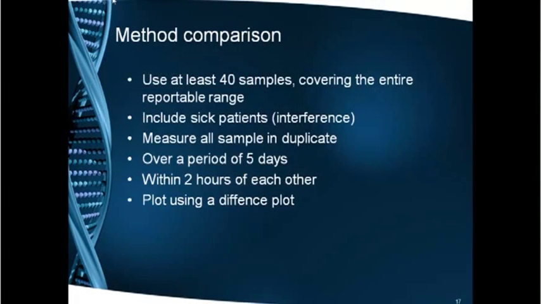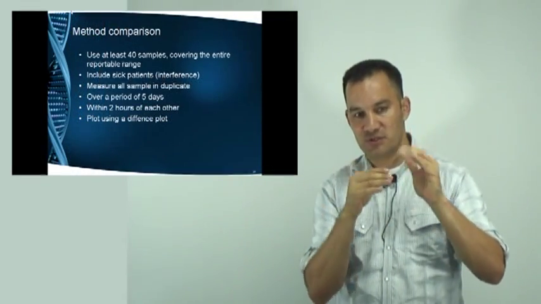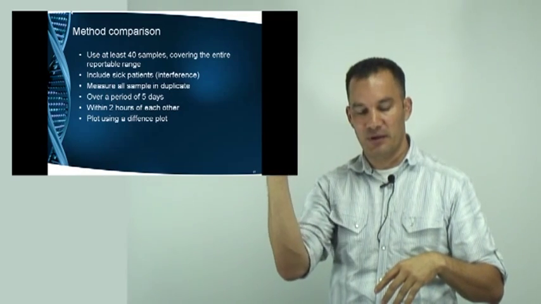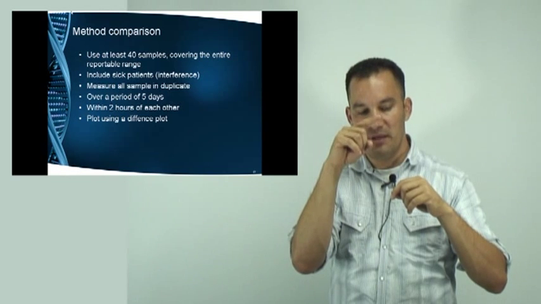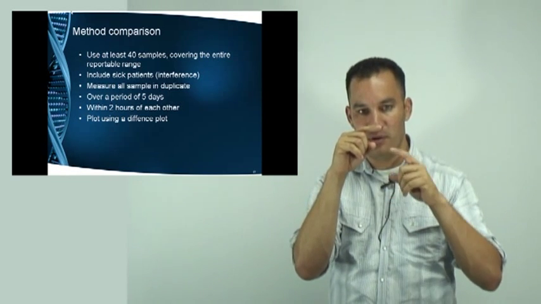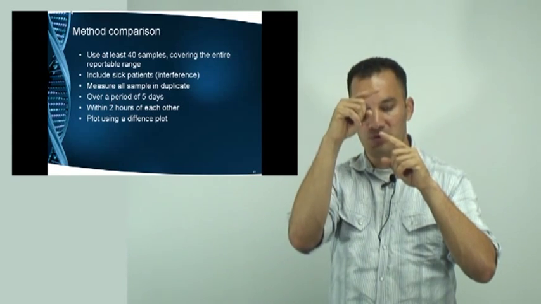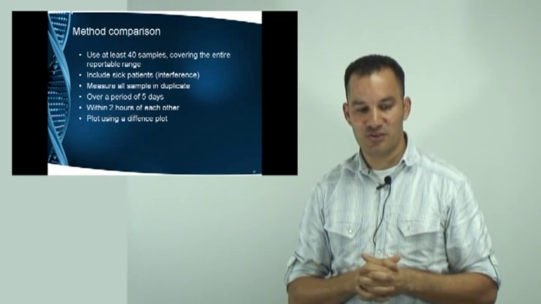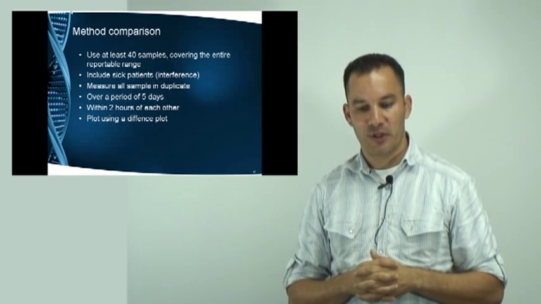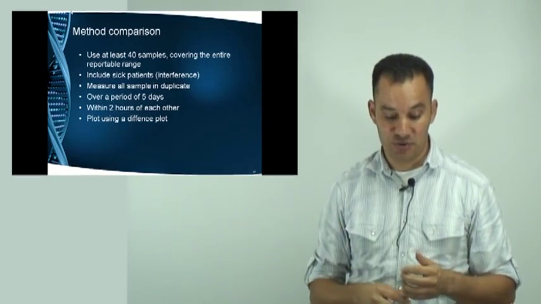The difference plot is not the same as plotting the old method against the new method, but it is much more of calculating the mean between the old and the new one for each sample, and then calculating the difference from the new method to the mean. This will give you a very good indication of constant error, especially at higher concentrations.